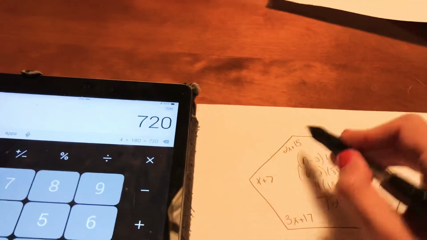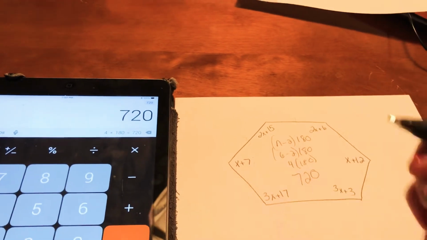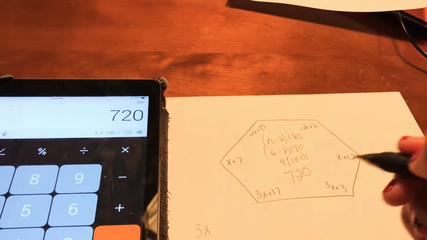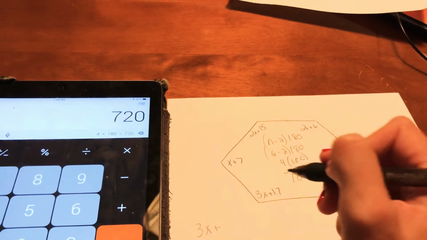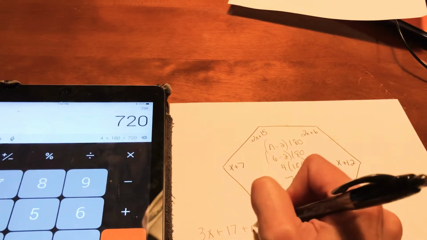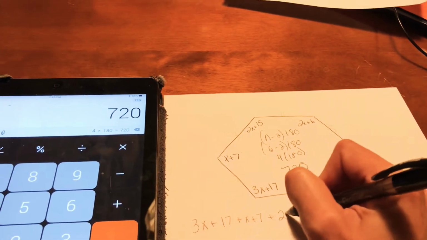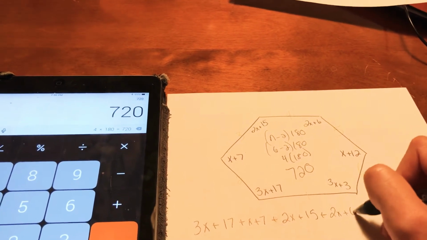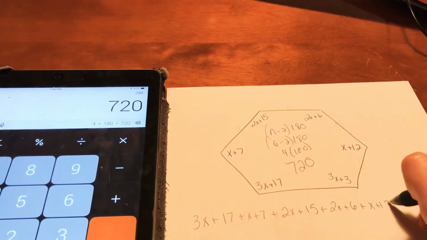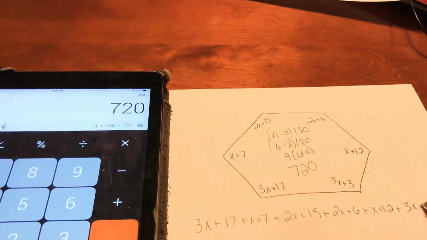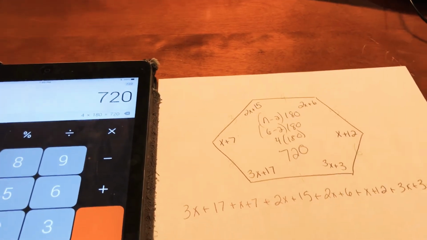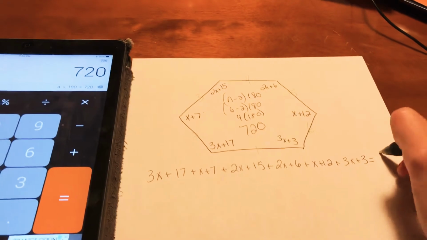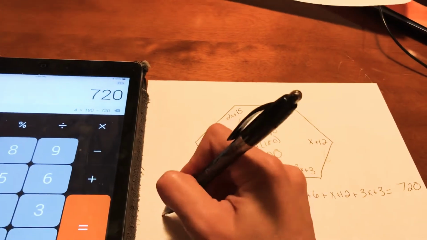So I'm going to add up all of my angles, and notice that they are algebraic expressions now because they have an x involved. So you have 3x plus 17 plus x plus 7 plus 2x plus 15 plus 2x plus 6 plus x plus 12 plus 3x plus 3. All of those angles have to add up to 720. I'm going to collect my like terms.